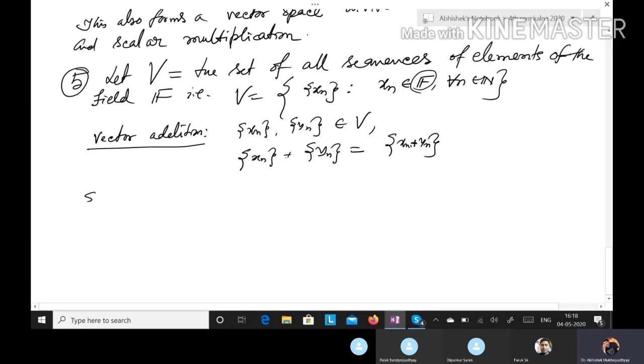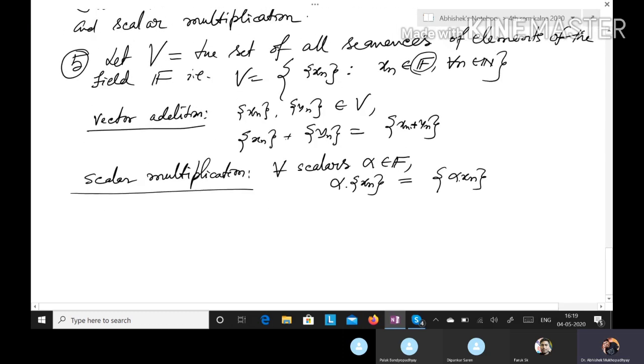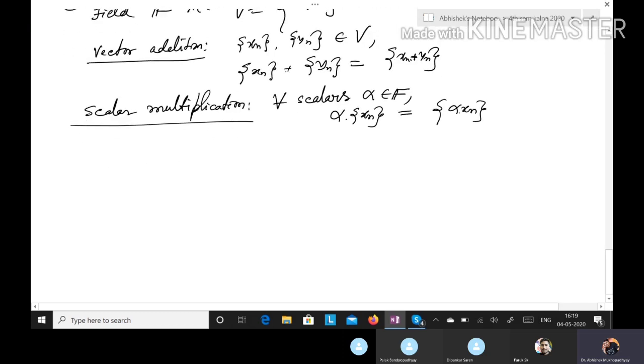And for scalar multiplication, for all scalars alpha belonging to F, alpha times the sequence xn equals the sequence alpha xn, where this dot is from the field F. And with respect to this addition and multiplication, V forms a vector space.